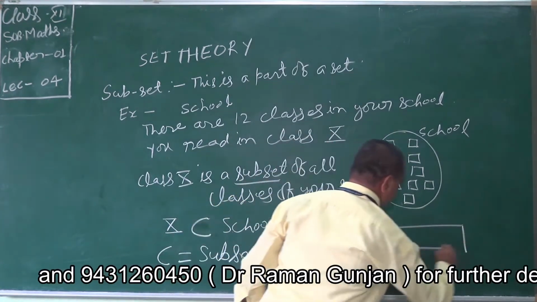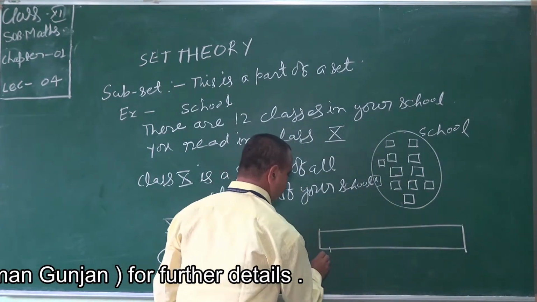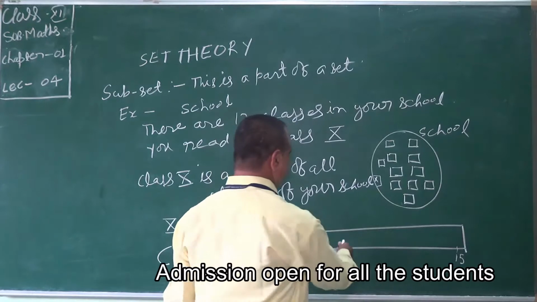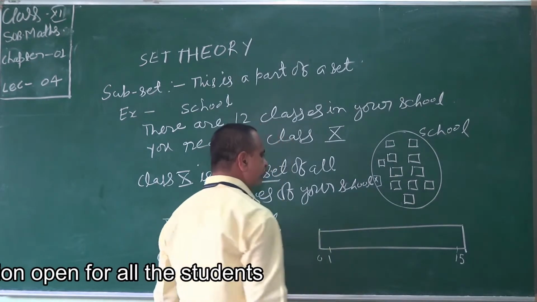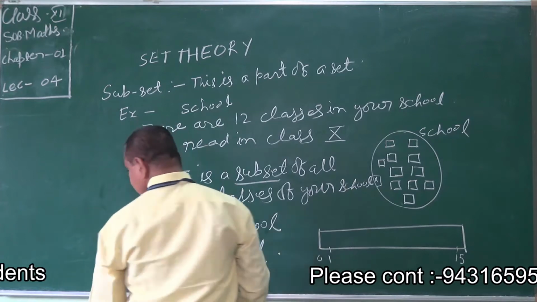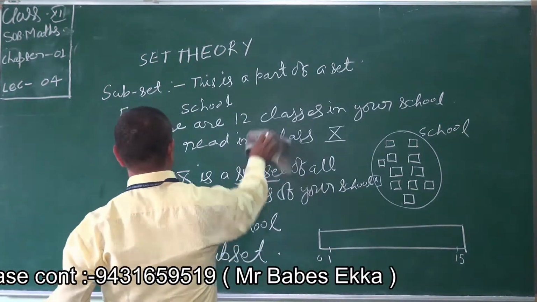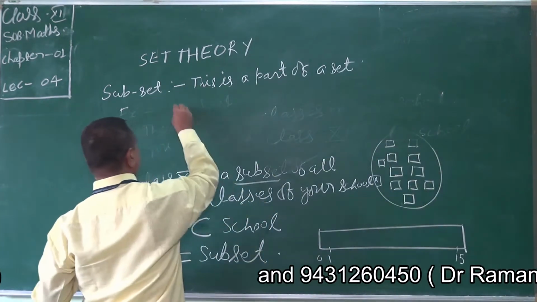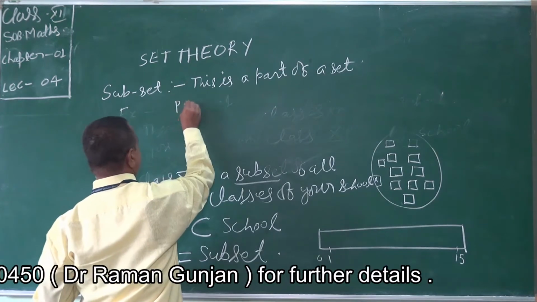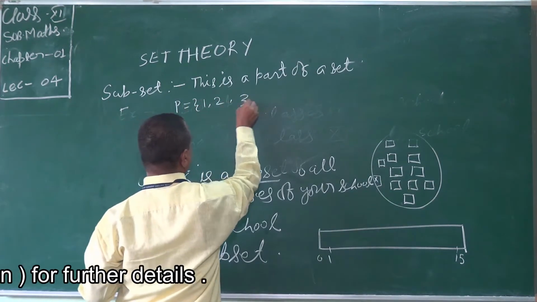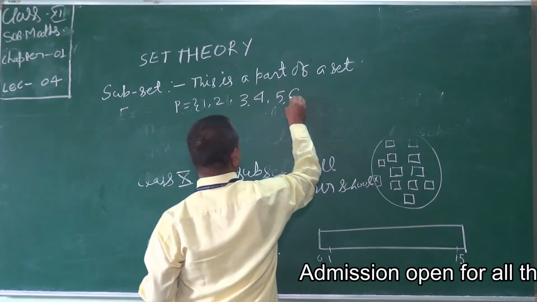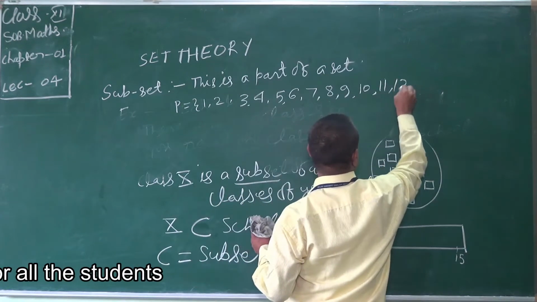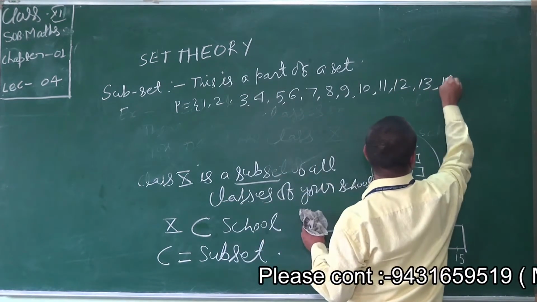Just as you have taken a geometrical scale, and this scale contains numbers 1 to 15. So you write it in this way. Suppose our scale contains 1, 2, 3, 4, 5, 6, 7, 8, 9, 10, 11, 12, 13, 14, 15.